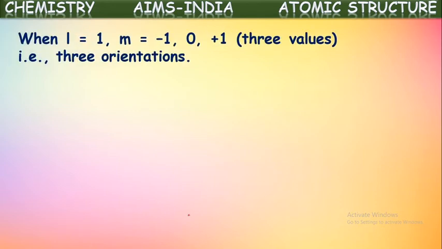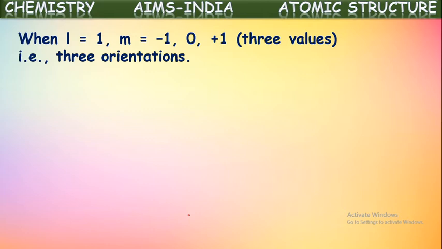If l is equal to 1, that means the p subshell. In that, m values will be minus l to plus l including 0, that is minus 1, 0 and plus 1. Three values, which means three types of orientations are possible in the p subshell.